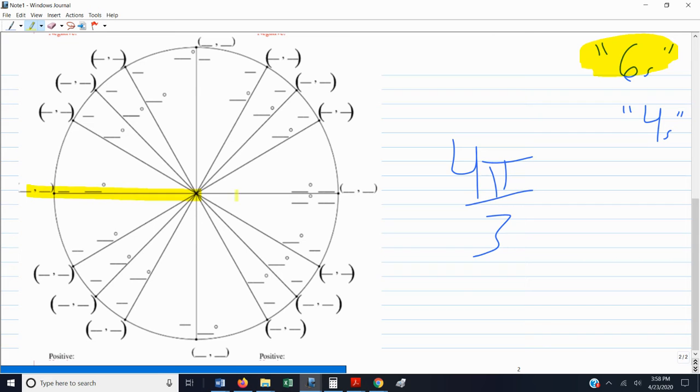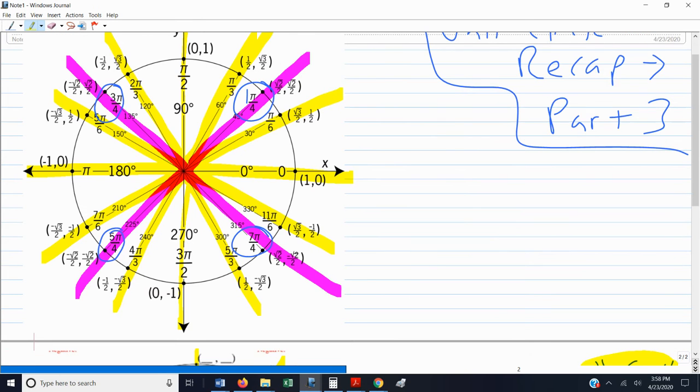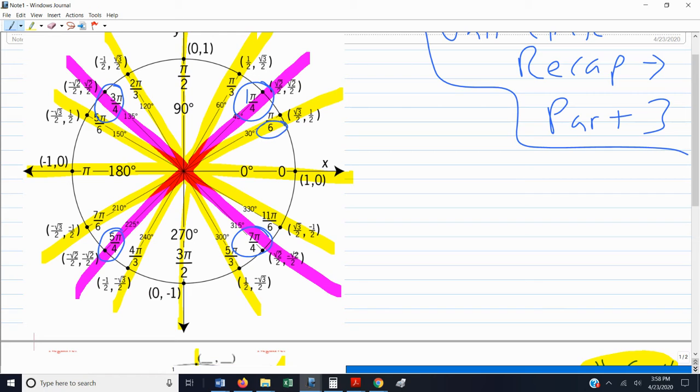It's going to be one of these angles where we were going around by 30 degrees. Maybe an easier way to say it is it's not one of the middle branches because it doesn't have a denominator of 4. Going around the unit circle by 6s is going to give us all those angles that reduce to either a 3 on the bottom, a 2 on the bottom, or it just leaves a 6 on the bottom.